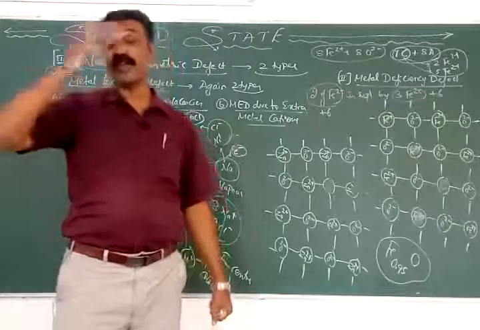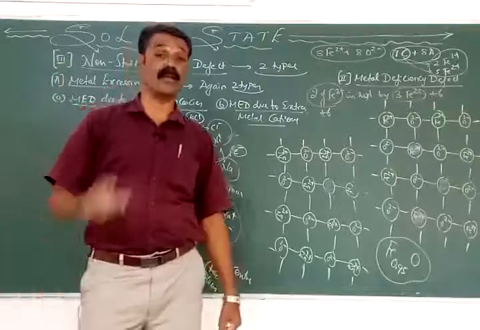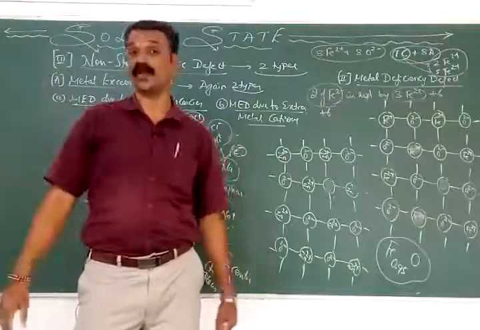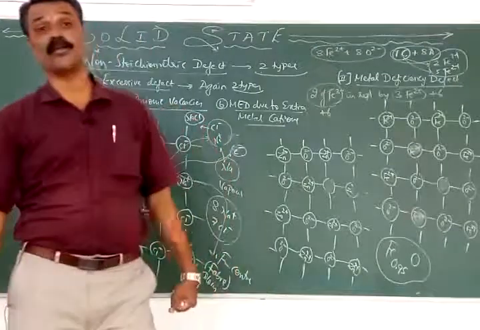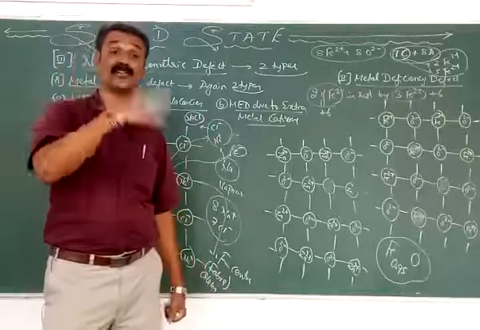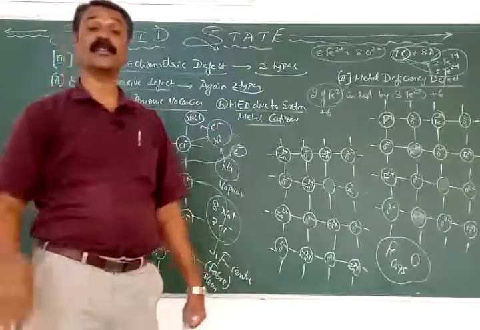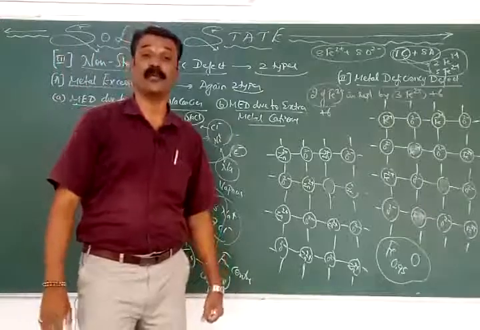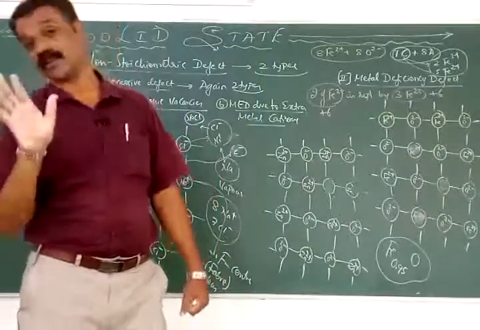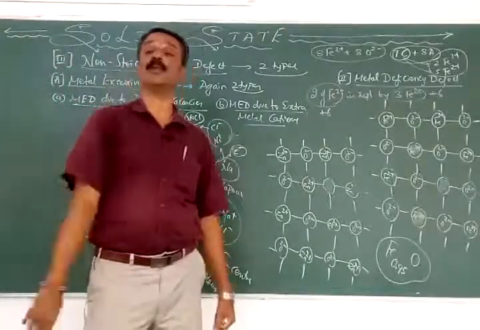Based on the forbidden energy gap between the valence band and the conduction band, we are having the conductors, semiconductors and insulators. Again the semiconductors are of 2 types called intrinsic and extrinsic semiconductors. Again the extrinsics are of 2 types, either N-type semiconductors or P-type semiconductors. So that is about the electrical property according to the band theory of solids.